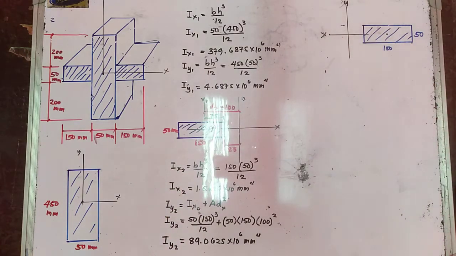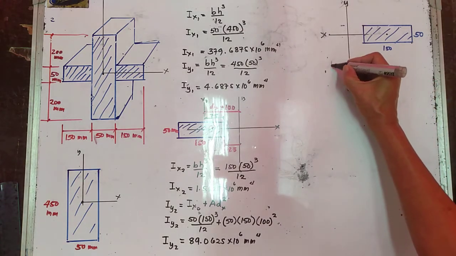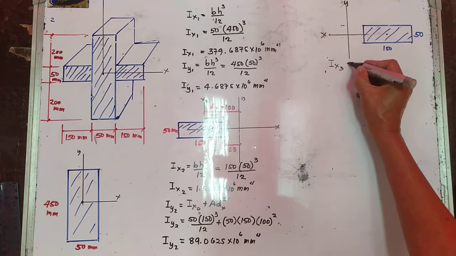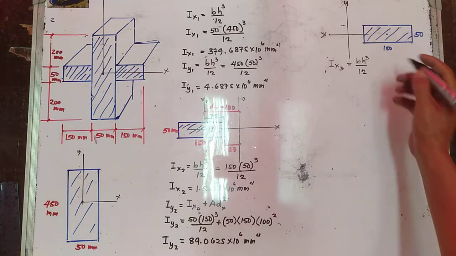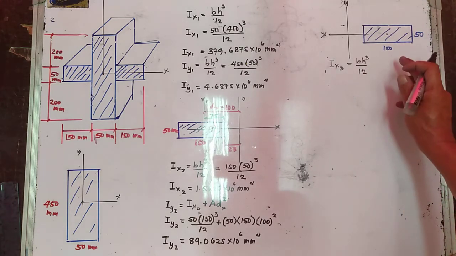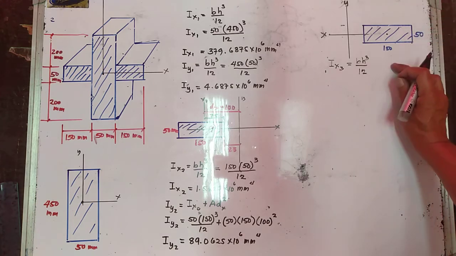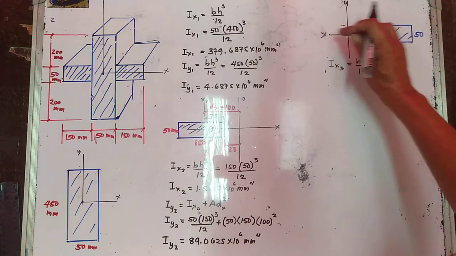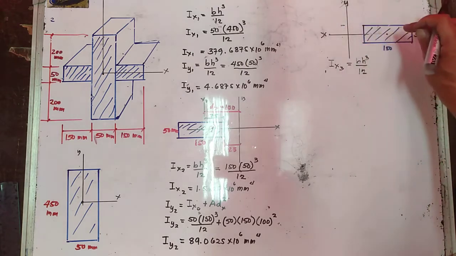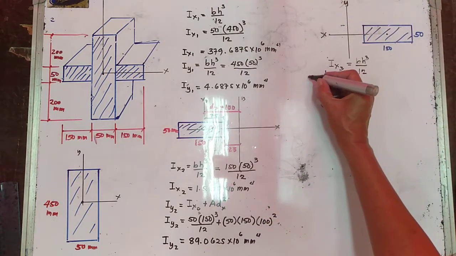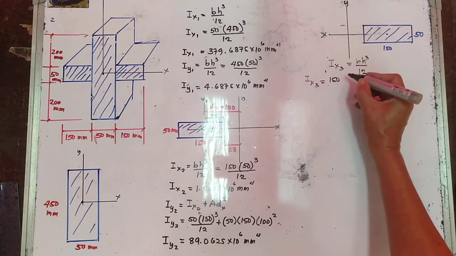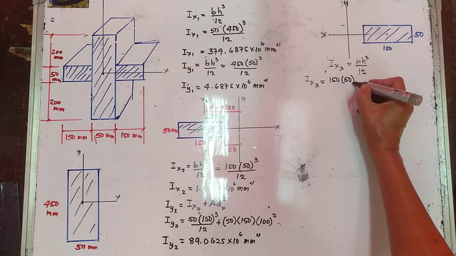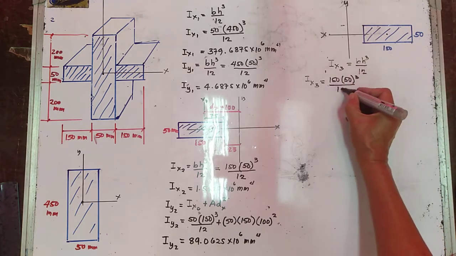Your Ix3 is equal to bh cubed all over 12, the moment of inertia with respect to the centroid of this figure in the x direction. So Ix3 is b is 150, h is 50 cubed all over 12.